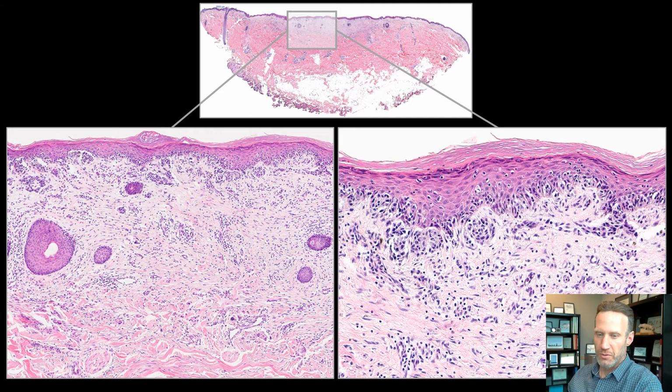And the spindle-shaped or elongated cells within the dermis did not express S100 by immunohistochemistry, confirming that they are fibroblasts and not melanocytes.